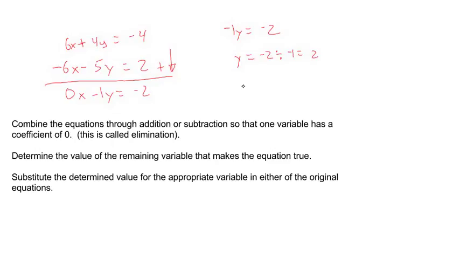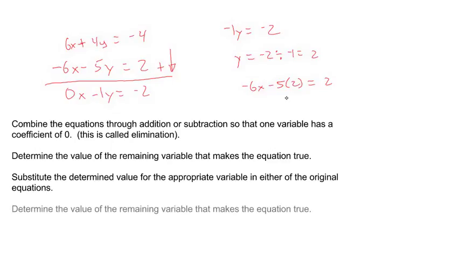I'm just going to substitute a +2 in for y. So I have -6x minus 5 times 2. So I've replaced my y with a +2, is equal to 2. And now I'll determine the value of my remaining variable, which is x, that makes this equation true. So I'm going to simplify a little bit. -5 times 2, which is 10, is equal to 2.